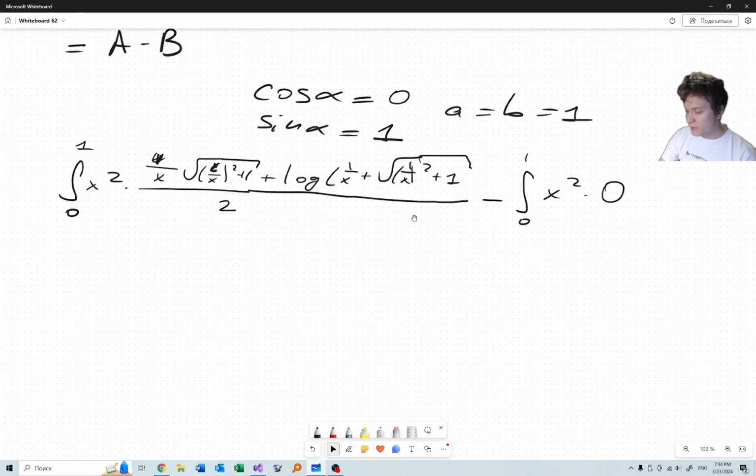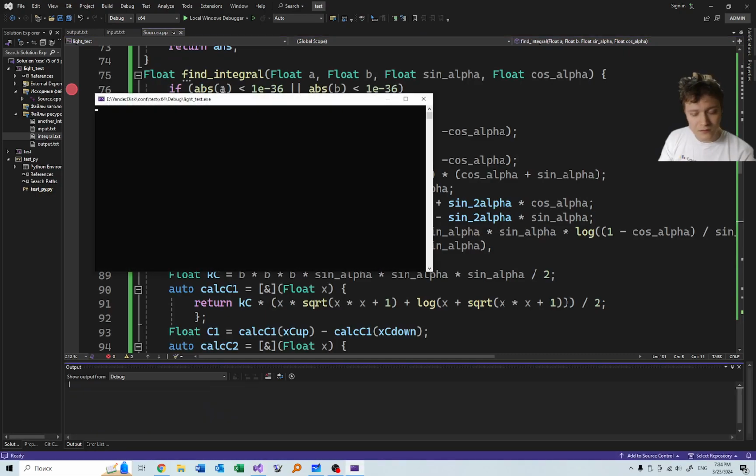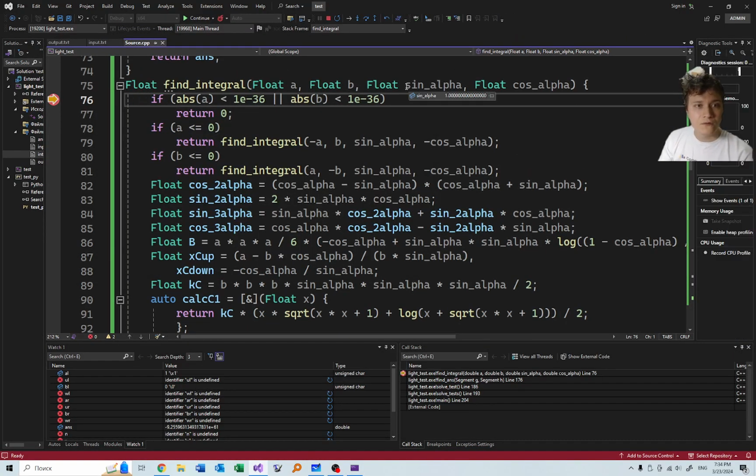Yeah, these are two perpendicular segments. We need to understand which of these formulae is not uniform. So after doubling all numbers, it does not result in doubling the answer. And I believe we can do it.